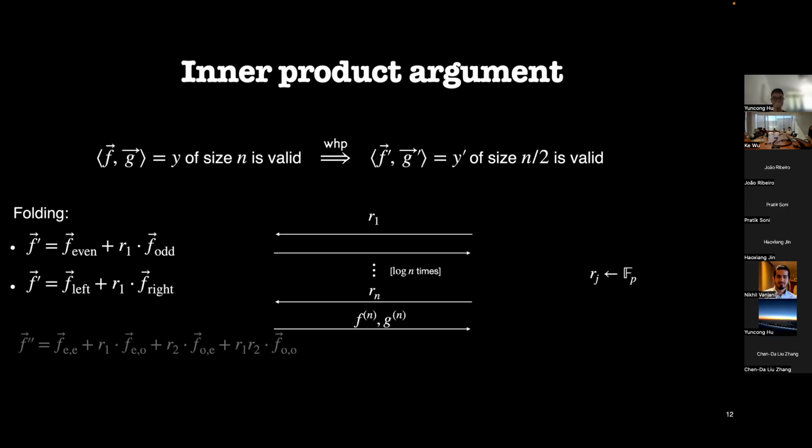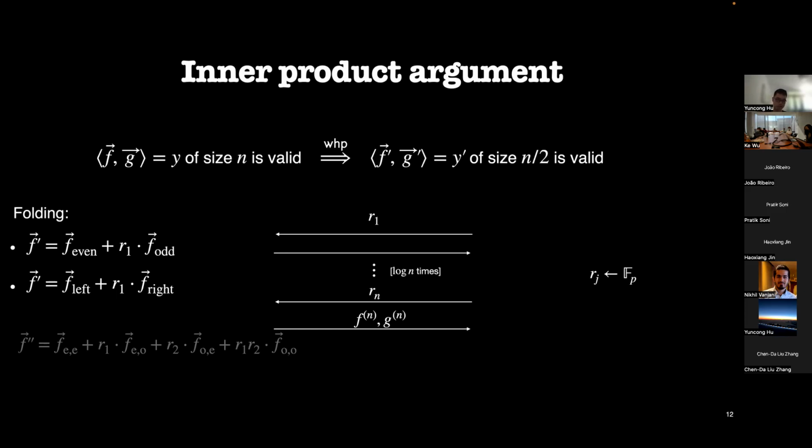Moreover, depending on the way we do the folding, if we do the even and odd folding, following the paradigm of the FFT, we will see that each folding result can be viewed as a linear combination of the randomness sent by the verifier.